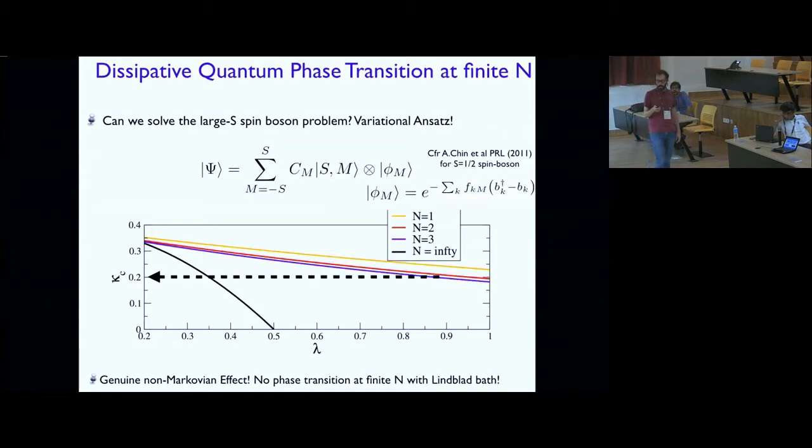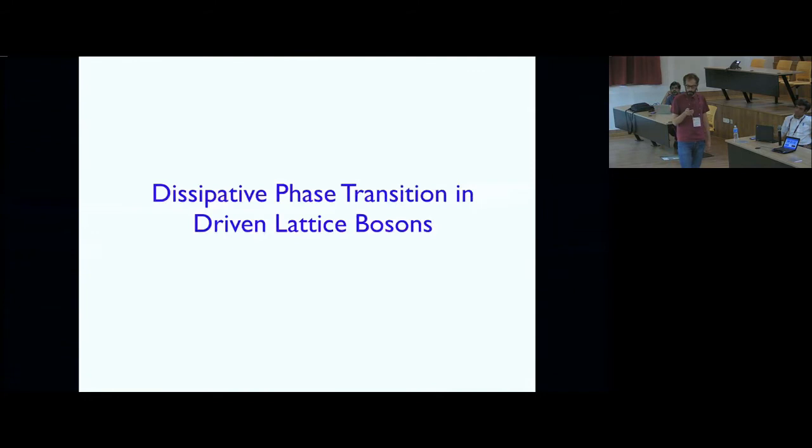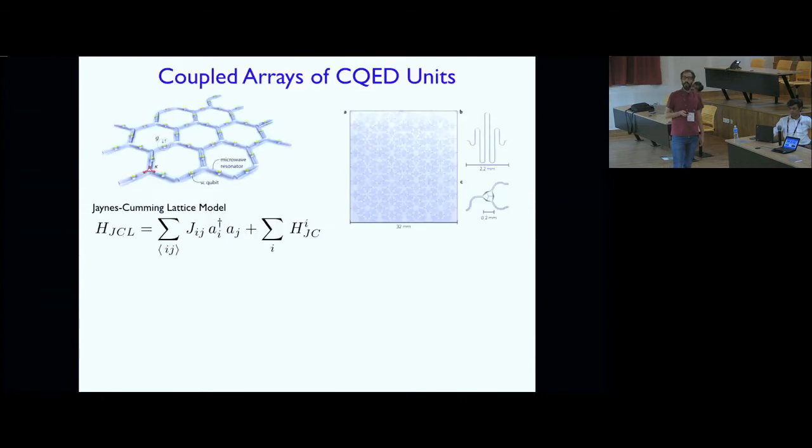And in the remaining 20 minutes that I have left, I would like to move now to discuss the physics of arrays of CQED lattices and the physics of phase transitions which emerge in the presence of drive and dissipation. So the setup I have in mind really is motivated by experiments in Andrew Houck's lab.